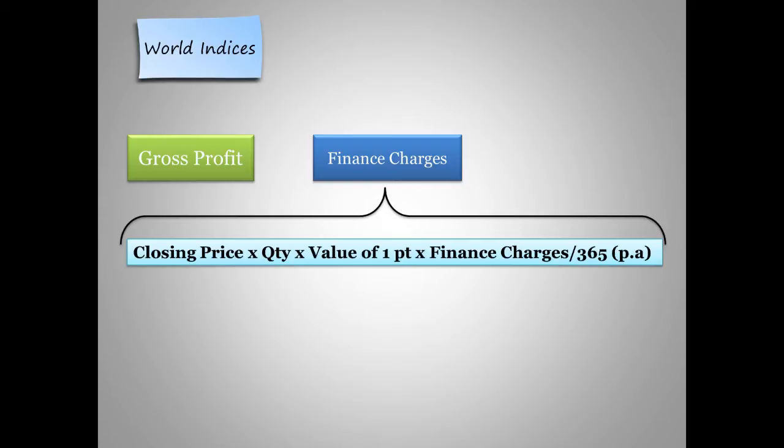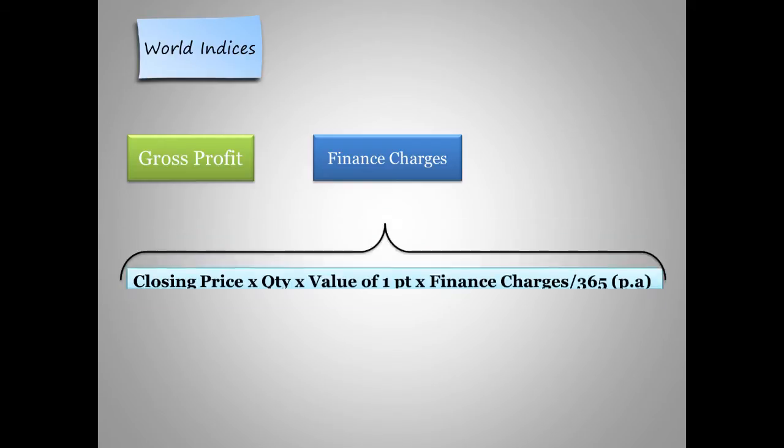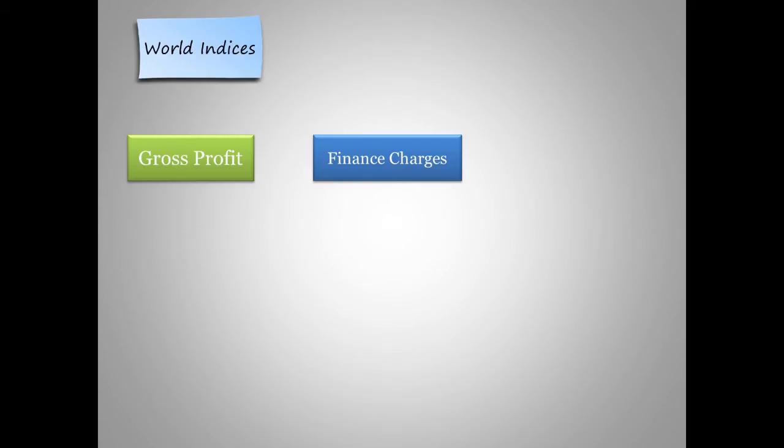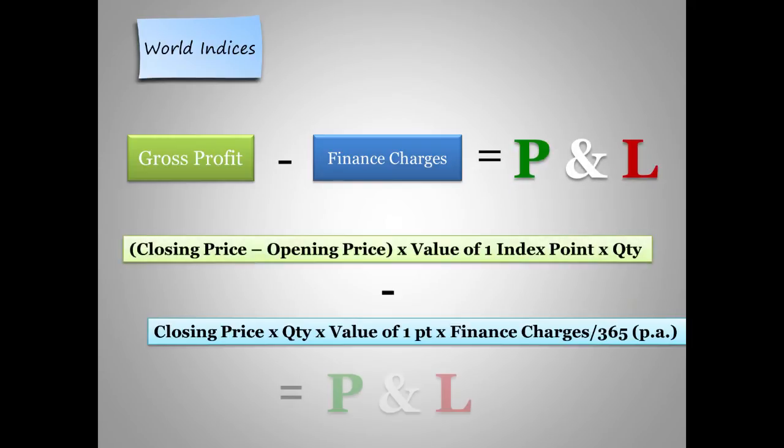Finance charges are calculated every day as mentioned earlier, and depending on the duration of the counter that is being held, it would vary accordingly. The finance charges are calculated as such. The final equation will look something like this.